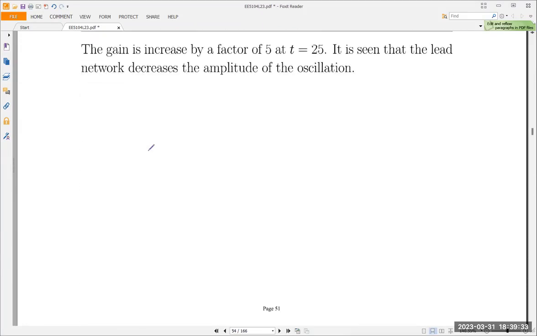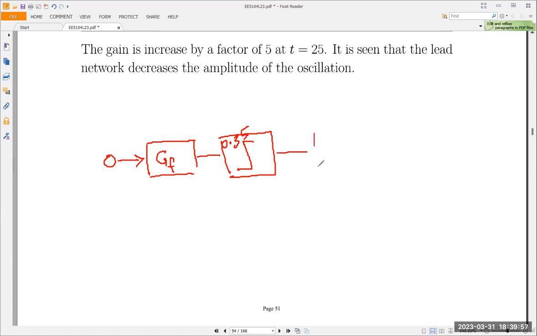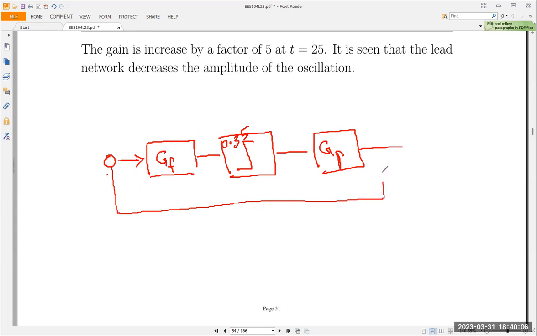Okay. As before, stick in a new compensator, GF. Then you go to your relay. No change, 0.35. Then you go to your plant, no change. All right. As usual, we write this as 0 to make life easy.